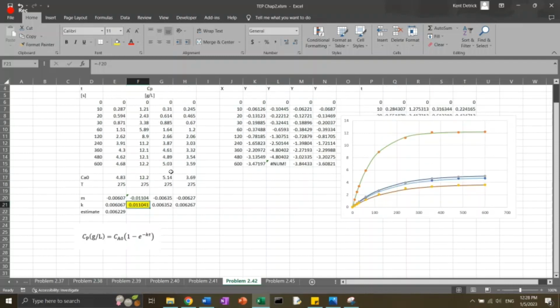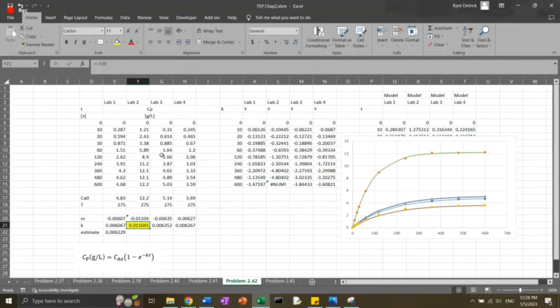Right off the bat, you can see that the initial concentration is way higher than the rest of these. So that could be something that went wrong, that's significantly different. Maybe the reaction is not kinetically limited when the concentration of A is so high.